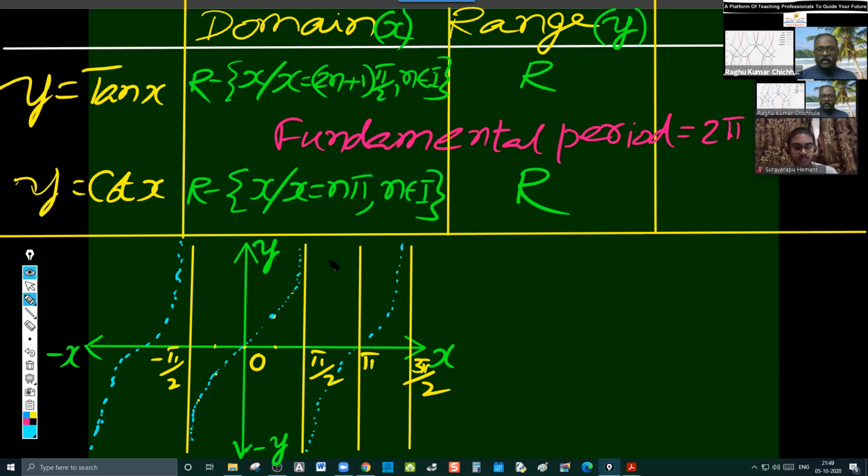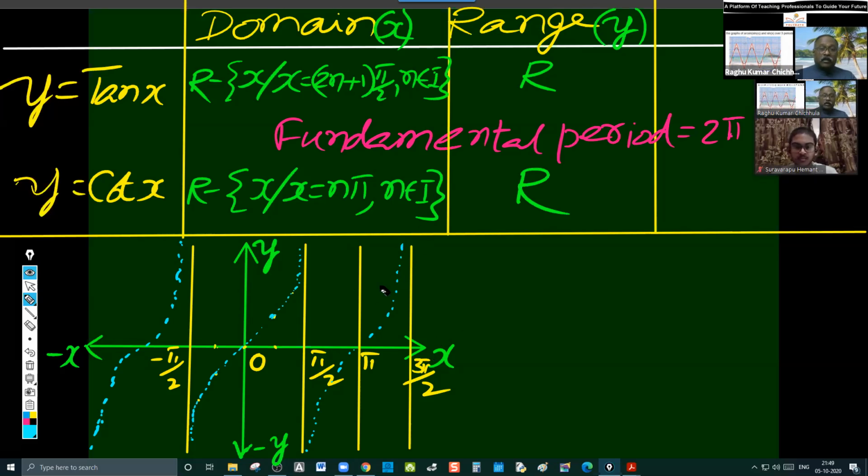That is the reason why tan x is said to be continuous over the open interval minus pi by 2 to plus pi by 2. That means in between it is continuous, but over the set of real numbers it is discontinuous, because it is discontinuous at pi by 2, minus pi by 2, 3 pi by 2, minus 3 pi by 2.